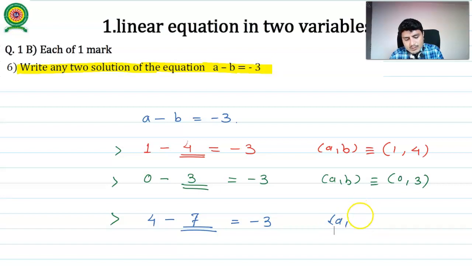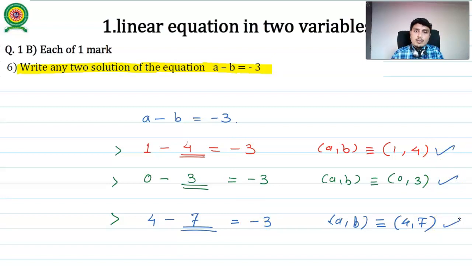So the solution of the given linear equation is (4, 7). You may write any two solutions among the given ones, that is (1, 4), (0, 3), (4, 7). Or you may choose a random value of a and evaluate b such that their subtraction becomes minus 3.